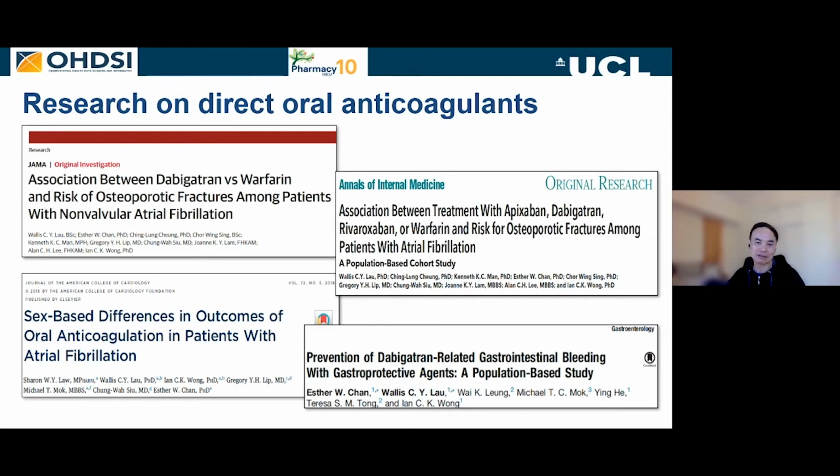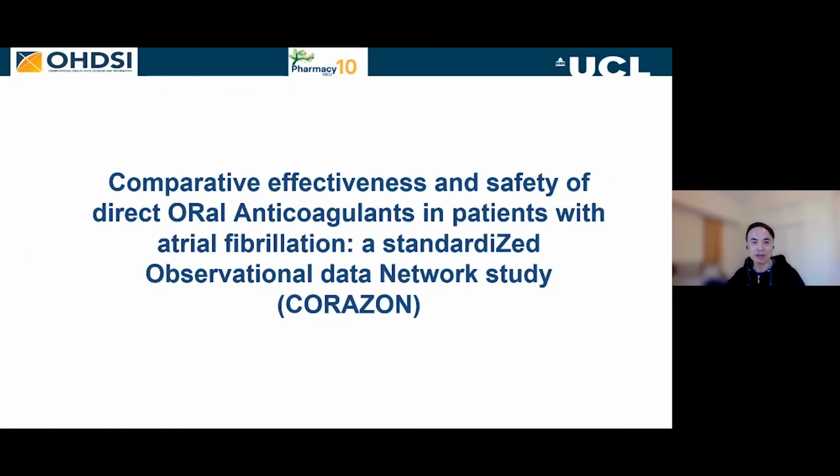But after we had done quite a lot of single-site studies, we started to realize that we definitely need a wider database, to allow us to look into the use of anticoagulant on a much wider scale, and also to look into not just one single outcome, but a range of outcomes that are important to patients. So that's why we came up with this particular idea.